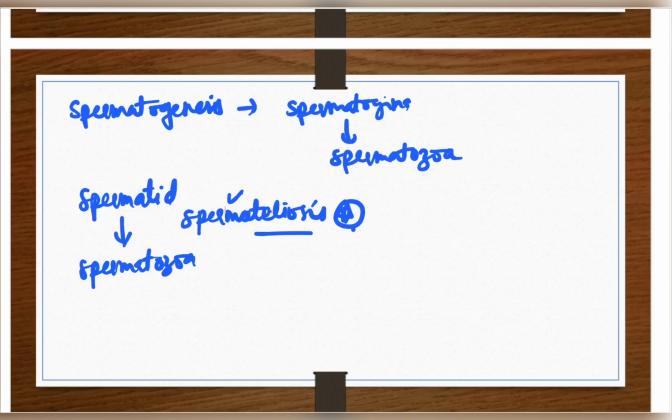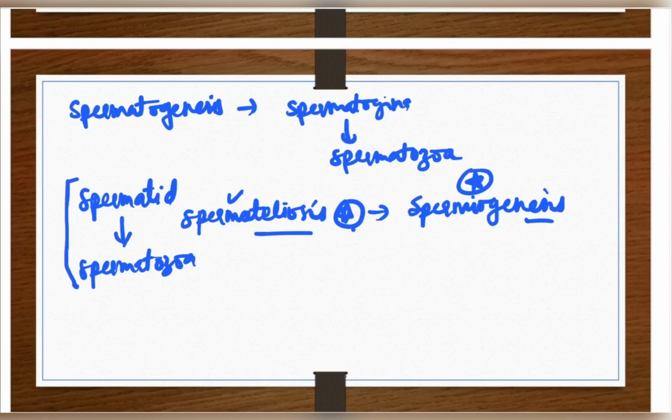And in some other books, they are also calling the same process of differentiation of the spermatid into spermatozoa as spermiogenesis. Okay, so just be very clear about these two terms. Spermiogenesis is nothing but the formation of the spermatozoa from your spermatid, right?